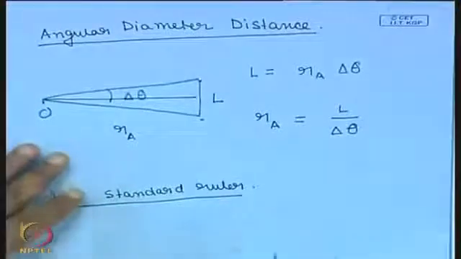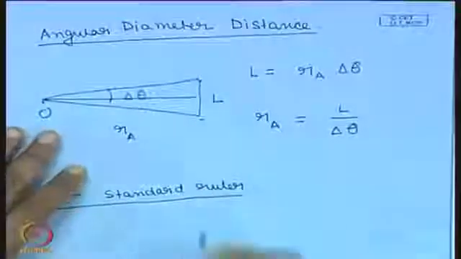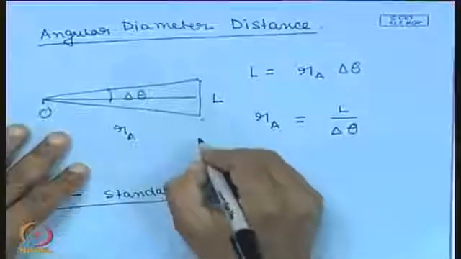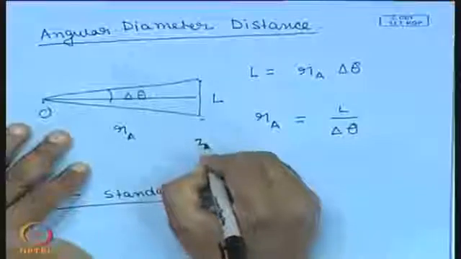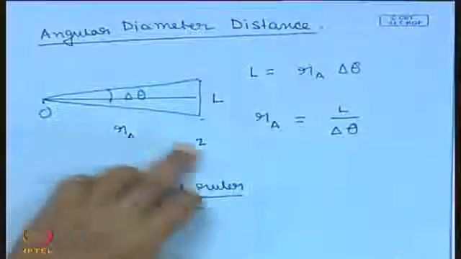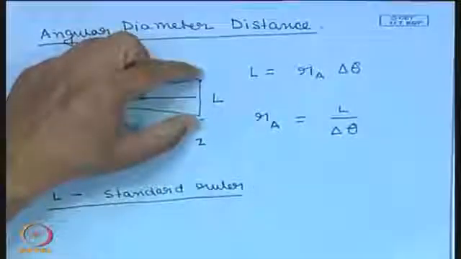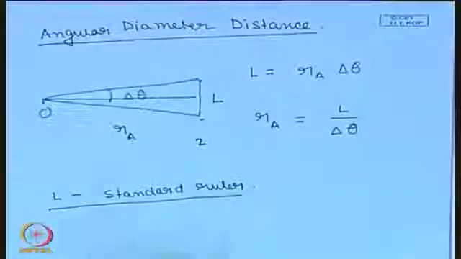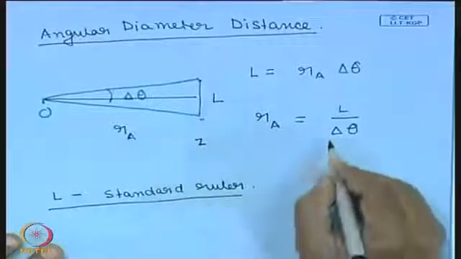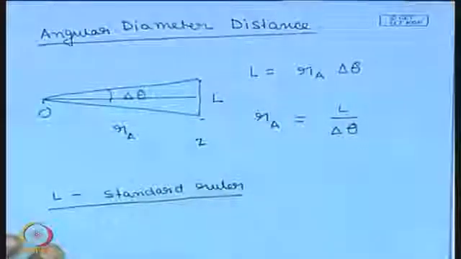Now let us ask the question: suppose I see a standard ruler at a redshift z, and I know its proper size L, and I can measure the angle it subtends in the sky. So I know L, I know delta theta.